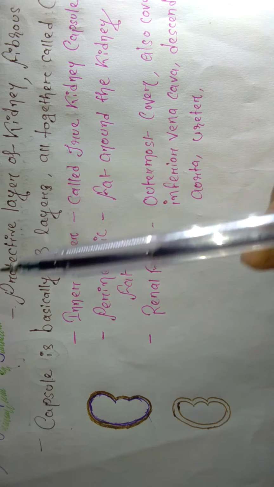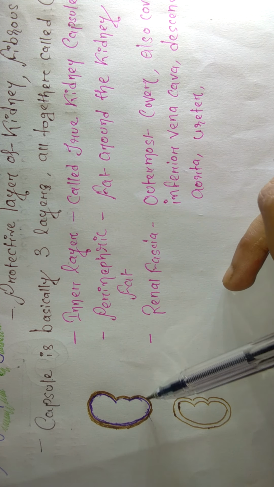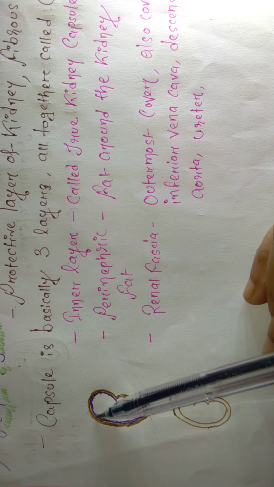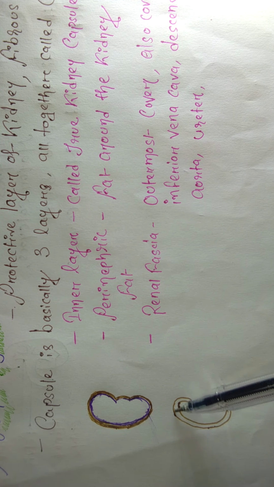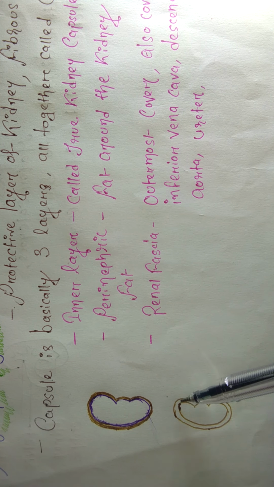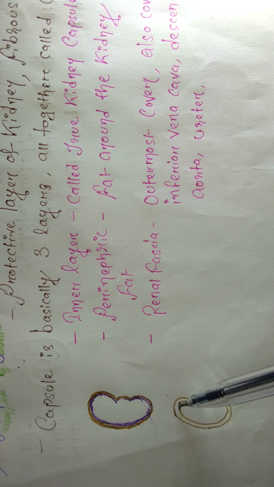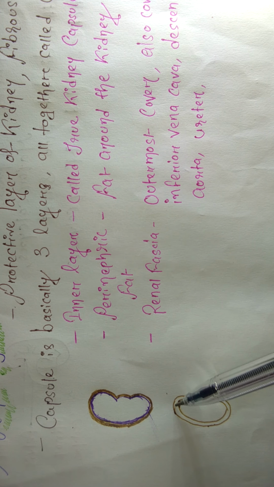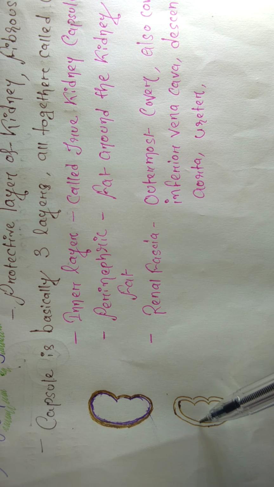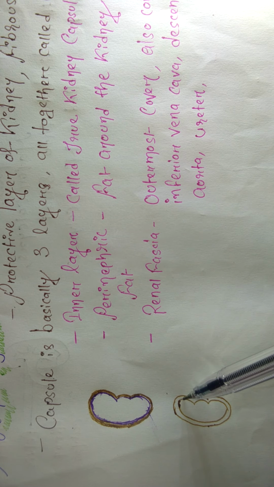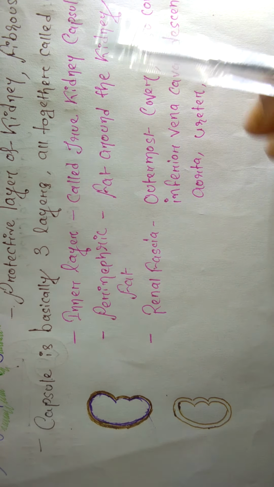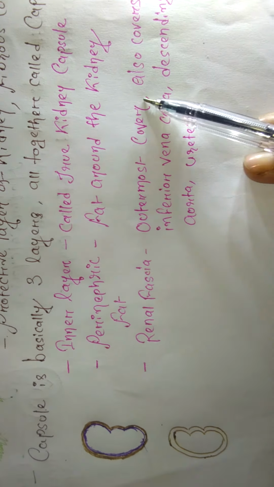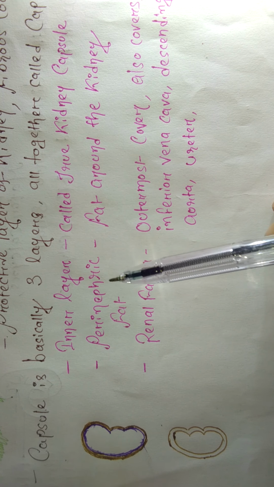This is the capsule, and if you zoom in, it looks like this. The inner layer is the layer surrounding the kidney. This innermost layer is called the true kidney capsule, because it is surrounding the kidney.